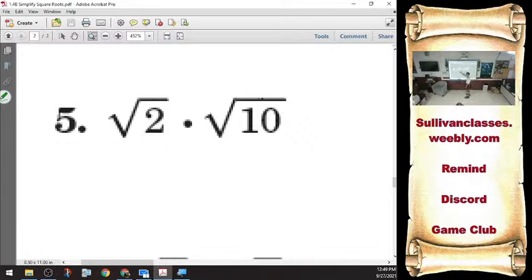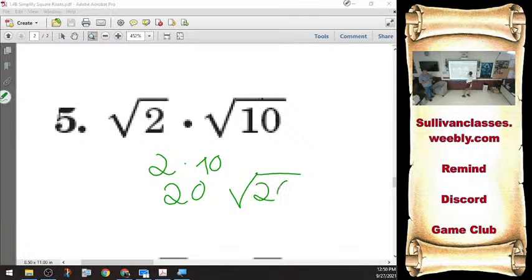Oh, well, I just multiplied 2 and 10 because. Okay. So 2 times 10 would be 20. Okay, and then put 20 in here. Now, can I simplify the 20 though?